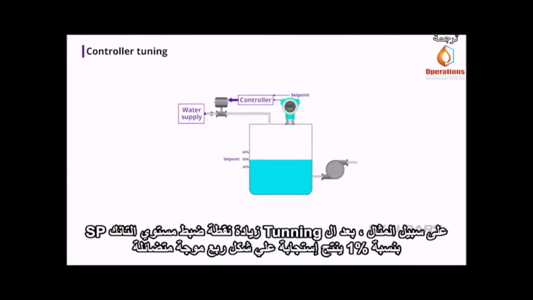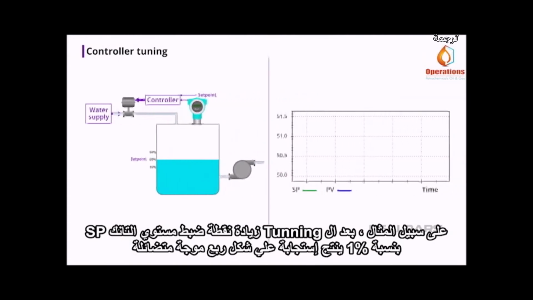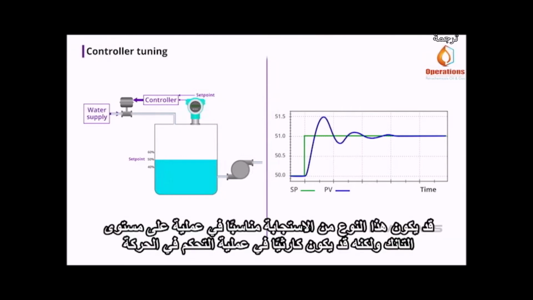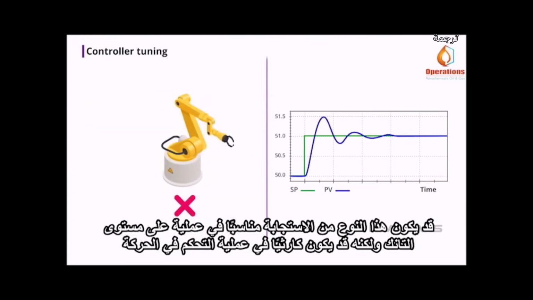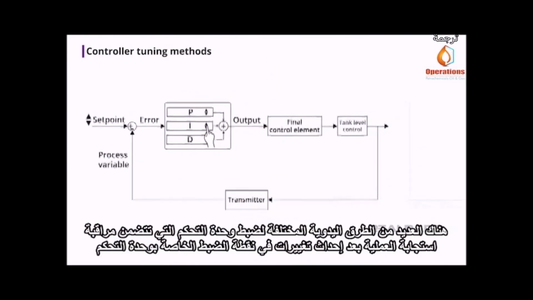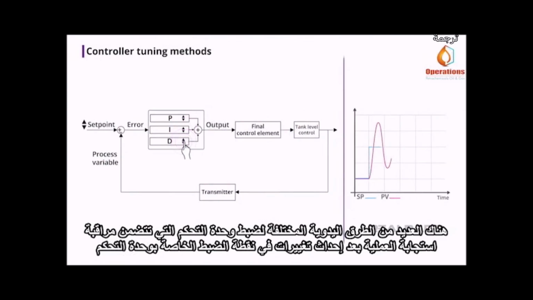For example, after the controller has been tuned, a set-point bump of 1% in a tank-level control produces a quarter-wave damped response. This type of response may be suitable in a tank-level process, but could be disastrous in a motion control process.